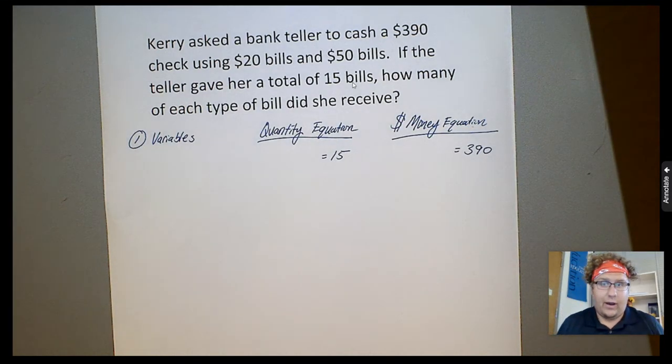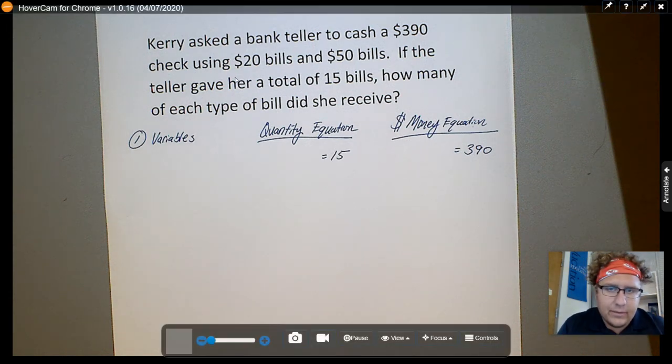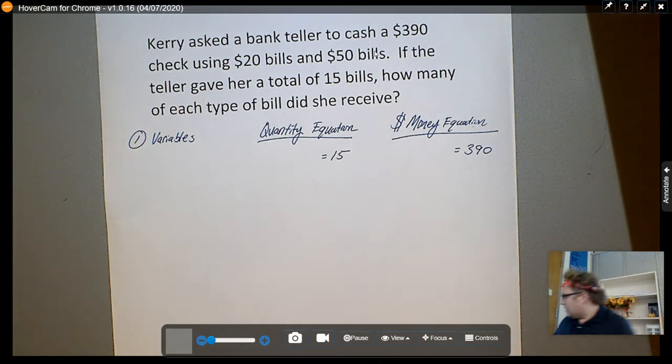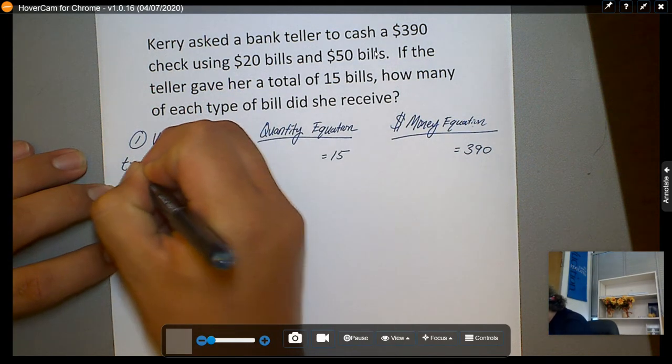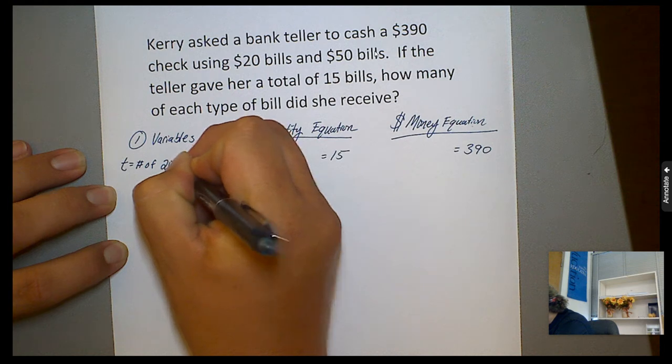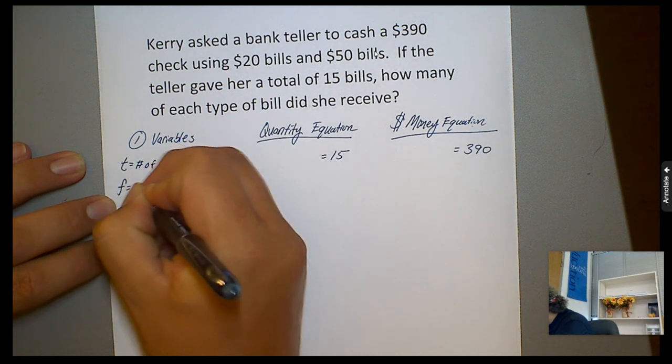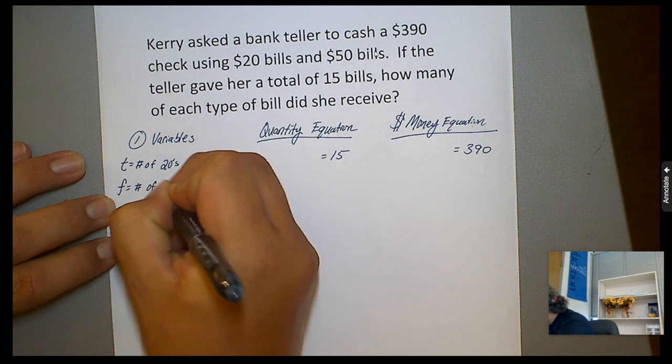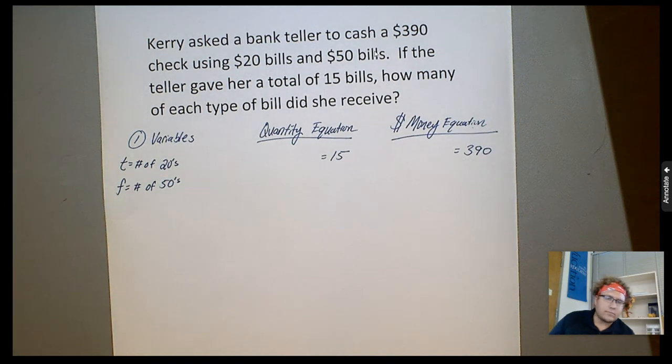Now, we need to figure out what made those bills, right? What made up the bills, and then what made up the money. So I'm going to say, let's see, 20 starts with a T, and 50 starts with an F. So T is the number of 20s, and we'll say F is the number of 50s.